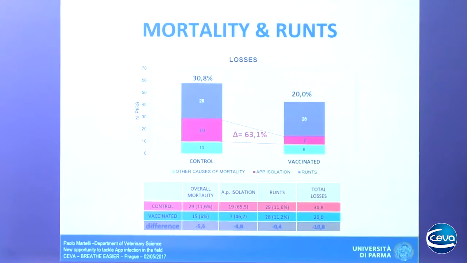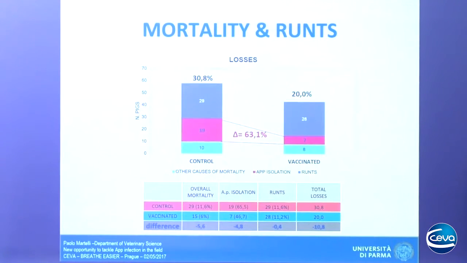So we try to calculate the cost, the advantages or disadvantages of the vaccination. We will see. The first result is mortality. As expected from a good vaccine against APP, a vaccine that can be named a vaccine with some protective activity, it was based on the reduction of mortality in runt animals.